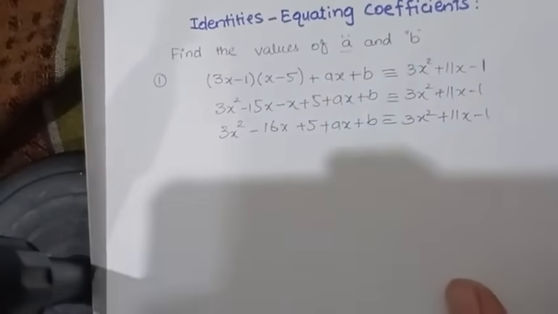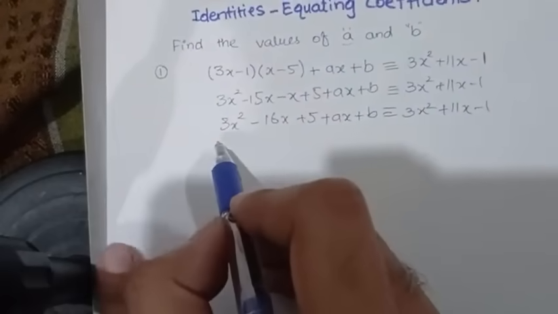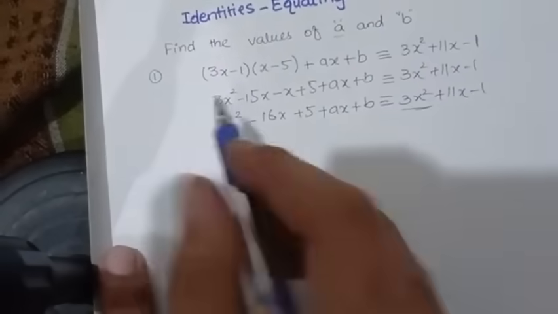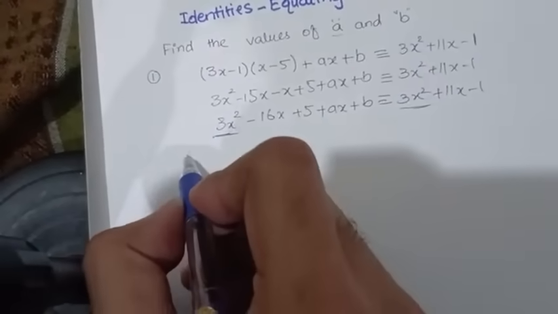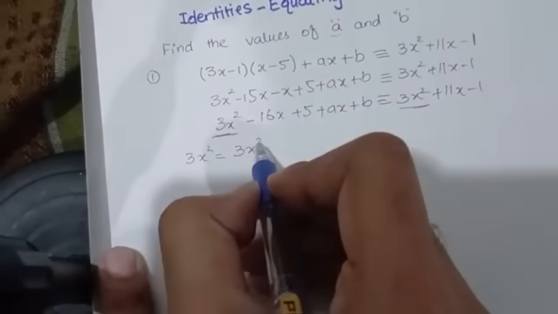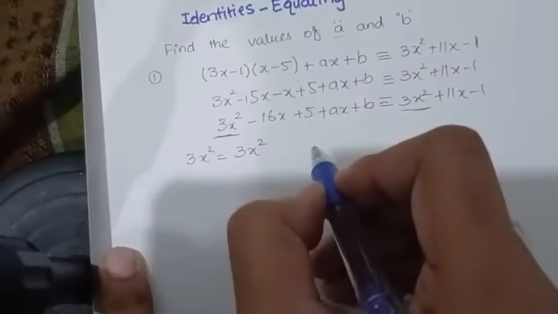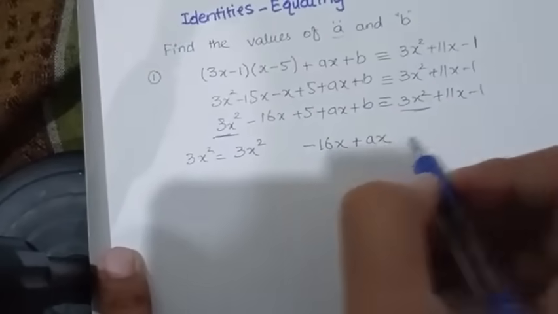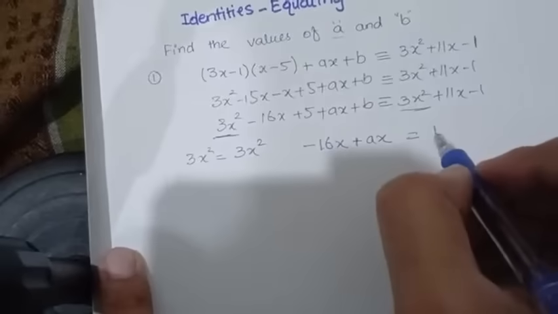minus 1. Now we will simply compare these powers, same powers coefficient, like 3x square is equal to 3x square. Similarly, minus 16x plus ax is equal to 11x.